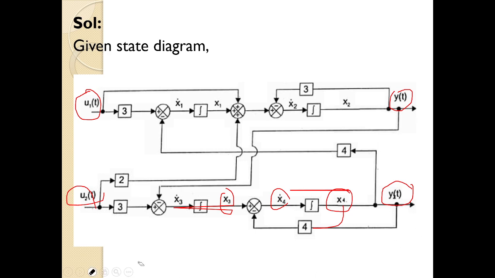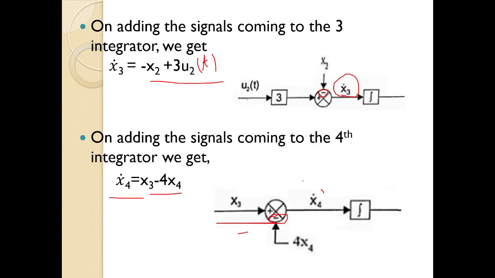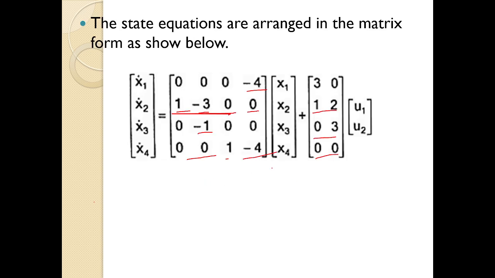If this is y2 of t, then the above equation must be y1 of t. So this is it. These are the state equations. Now let us see the output equations.